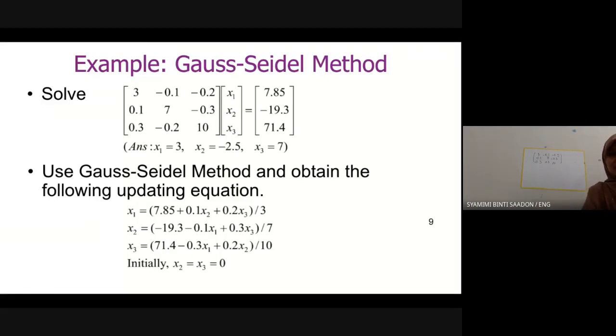If we use the Gauss-Seidel method, then we write x1.